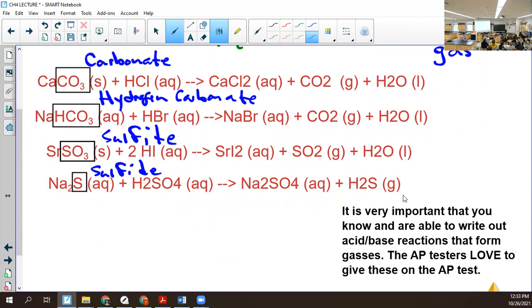Now, there is a huge, how do I put it, qualifier before you actually have to worry about this. These rules only matter if you're reacting them with an acid.